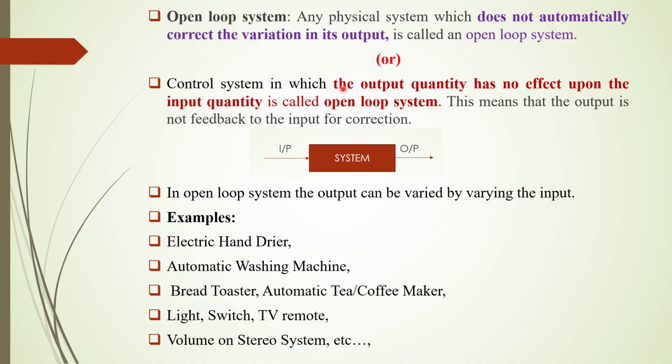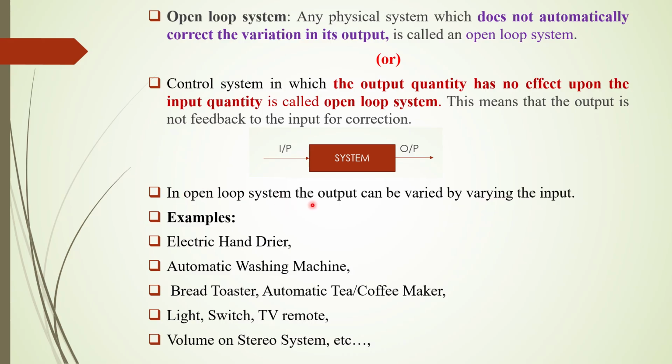We can define it in some other manner: the output quantity has no effect upon the input quantity, which means that the output is not fed back to the input for correction.